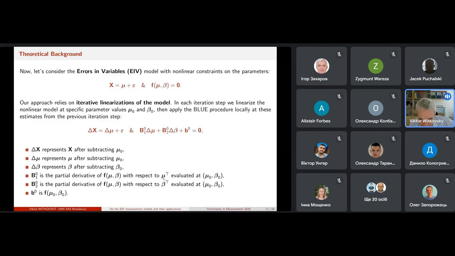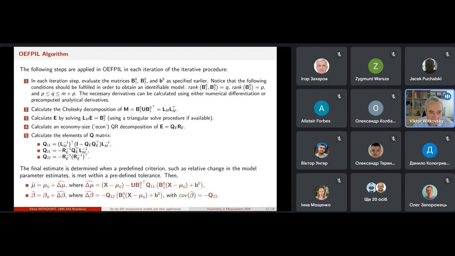First, with respect to the vector parameter mu, evaluated at the initial values. And the second matrix is the partial derivative of this set of restrictions, or function of restrictions, with respect to the parameter beta, evaluated at the initial values. Similarly, b0 is the final vector, and it is nothing else than the function of restrictions evaluated at the initial values.